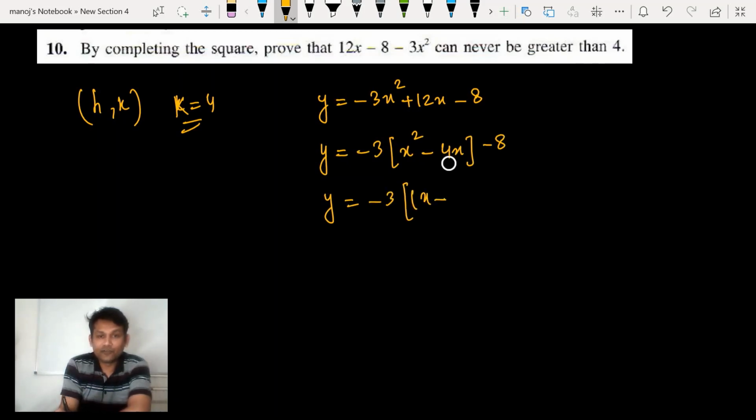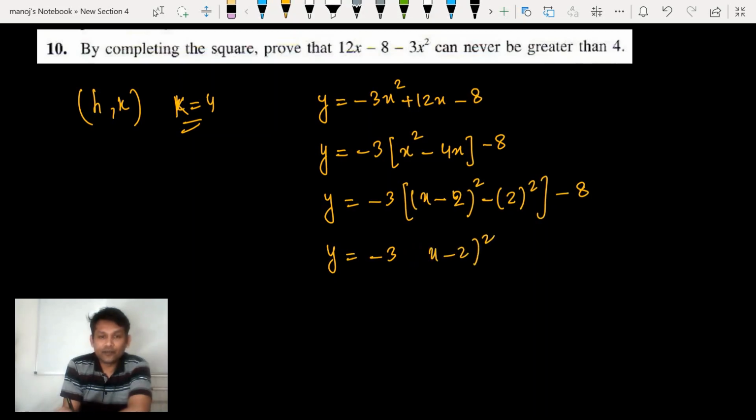x minus half of 4 is 2. This is our formula, and it is always negative. Plus 8, minus 8 is outside. Minus 3, x minus 2 whole square. I can do one thing, I can multiply with 3.